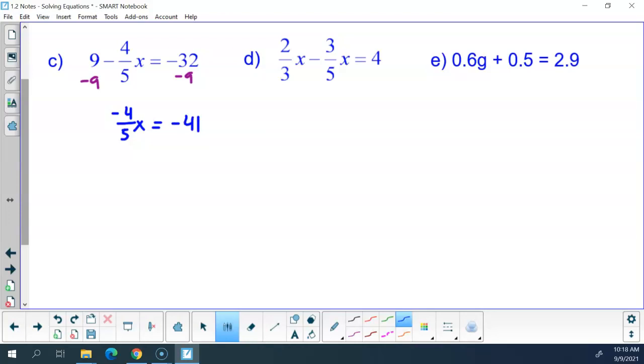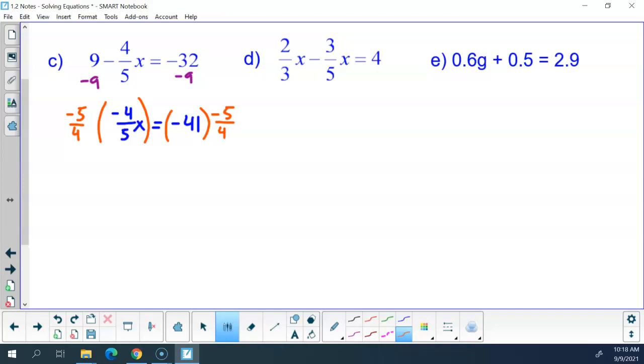Okay. Multiply by 5. Can I multiply by -5/4? Yeah, because then that does it both at the same time. Or if you multiplied by 5 and then divided by 4, or by -4, that's fine too.